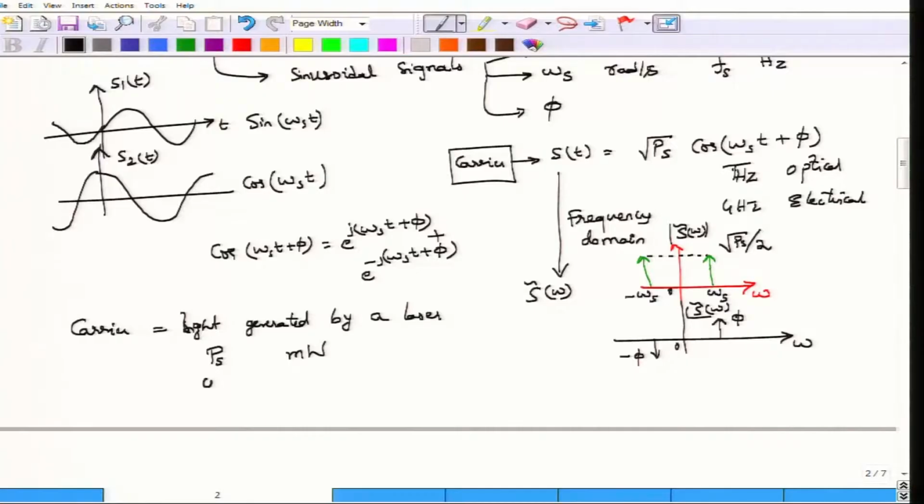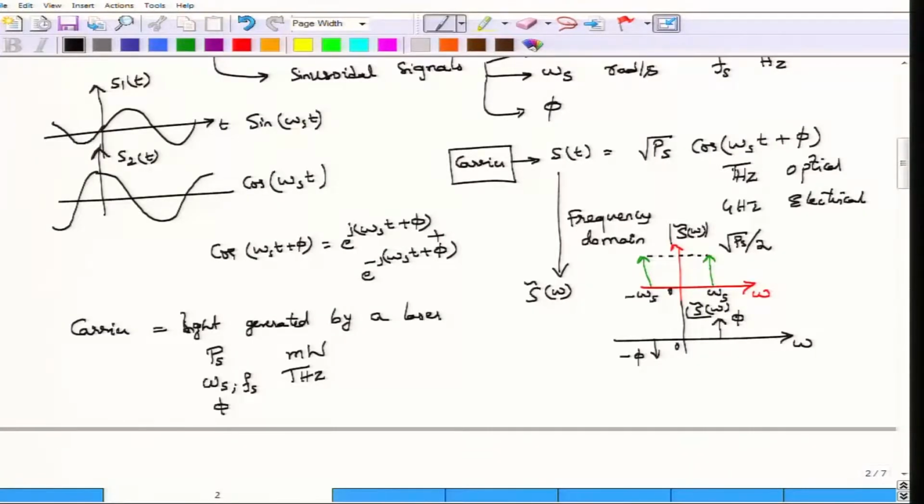It is also characterized by its frequency omega_s, which as I said would be in some terahertz, or rather the corresponding frequency fs will be in terahertz. And this is also characterized by a certain phase phi. This is a single frequency optical signal.